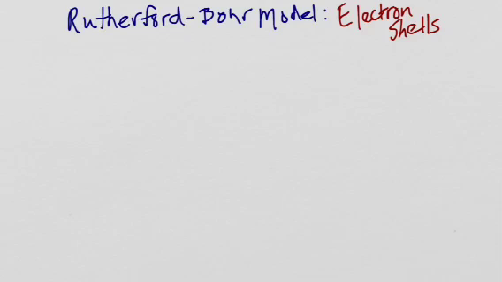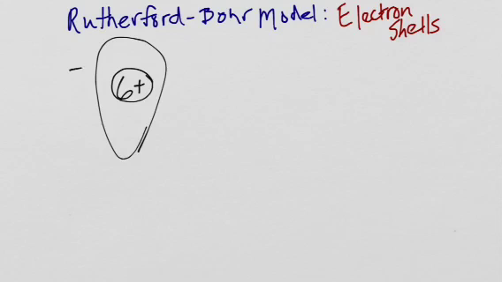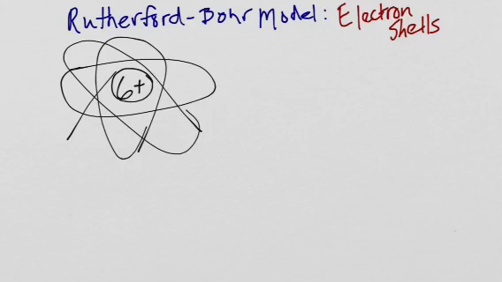Until this point, Rutherford assumes that these electrons are just randomly placed here or there, and there's no actual pattern to it. But Bohr comes up with the idea that, wait a minute, yes, there is.